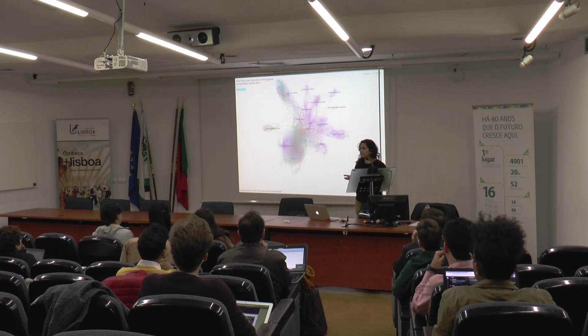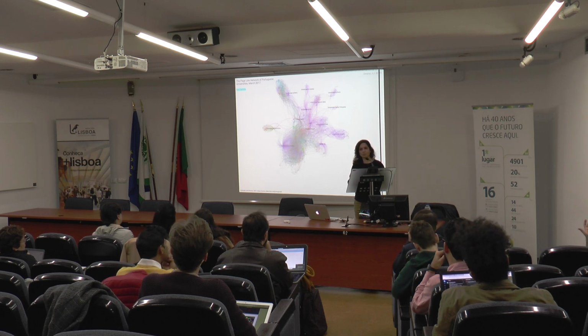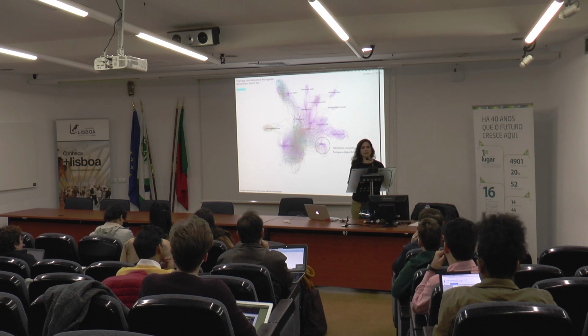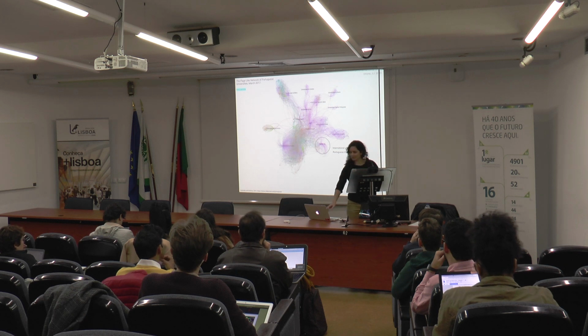Or we may want to find out associations and affinities, and also the lack of them. In this case, if you look at, for instance, the Portuguese universities' Facebook page-like network, we may want to think about institutional recognition or particular interests of the universities. And in this case, ISCTE, for instance, has a great interest in connecting with international universities in Portuguese higher education, which is something we haven't seen in the other universities.